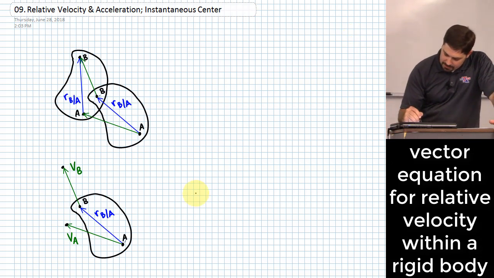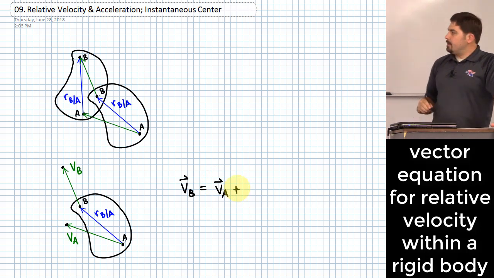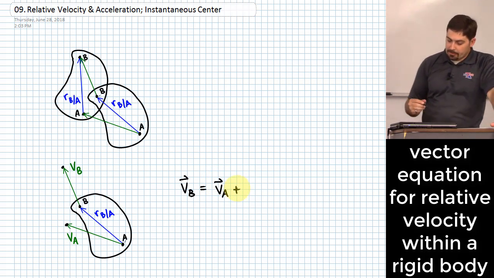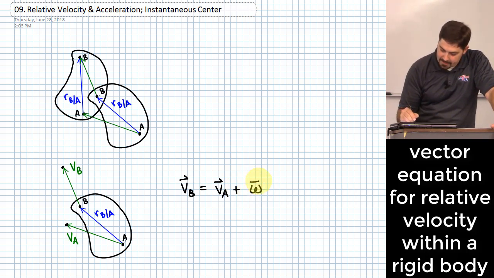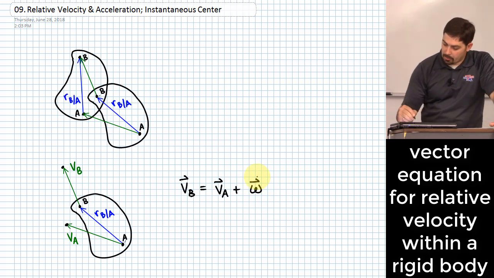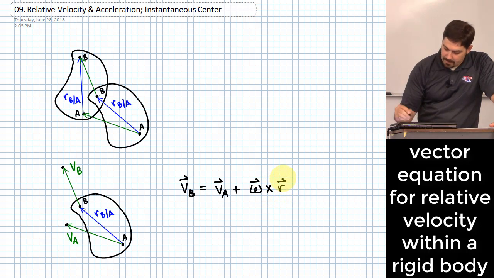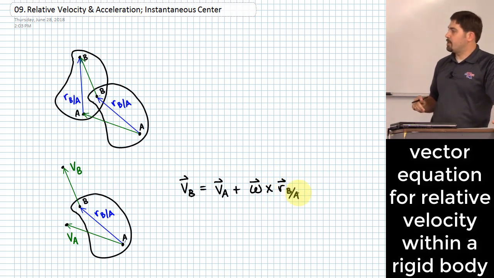That equation goes like this. The velocity of B as a vector is equal to the velocity of A as a vector plus the angular velocity of this body, which I'll also show as a vector quantity, crossed into the R vector of B with respect to A, which is the direction that I've shown there.